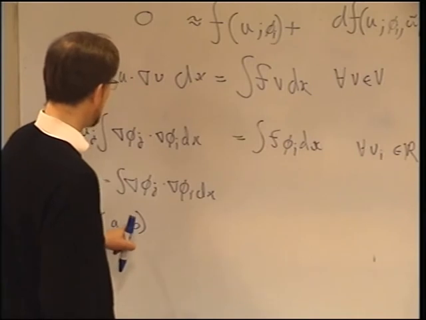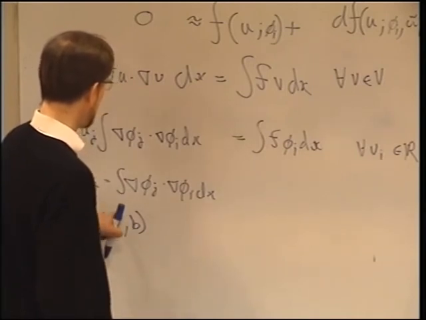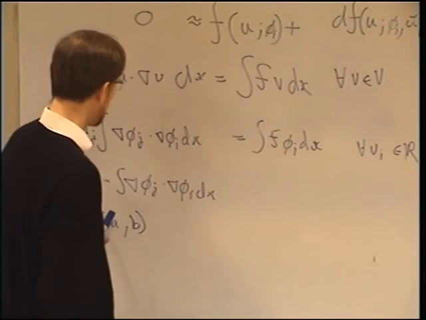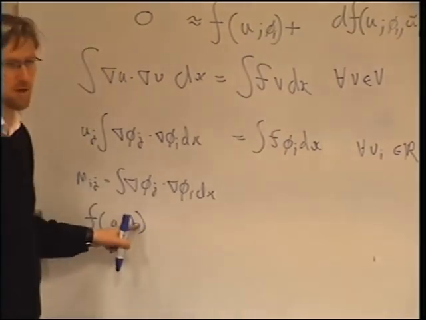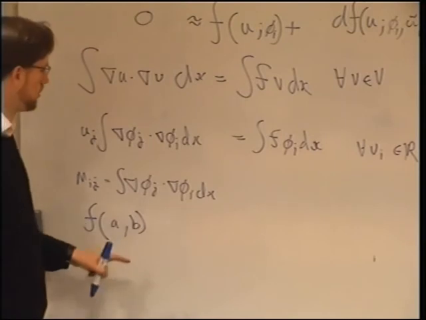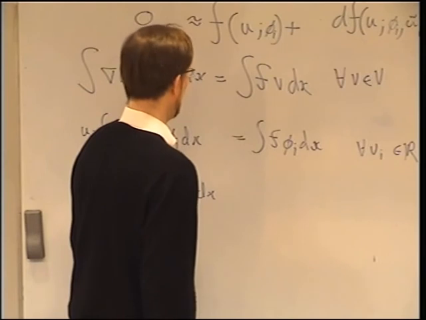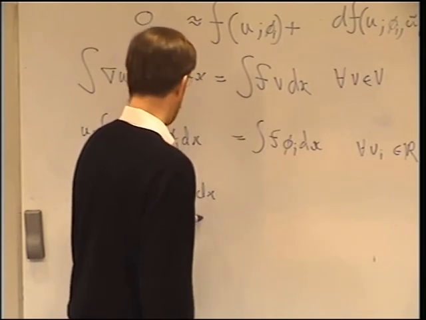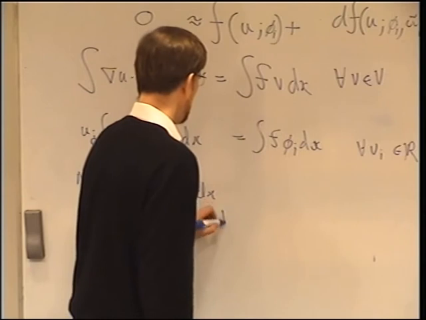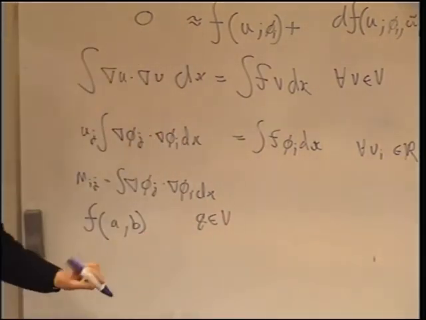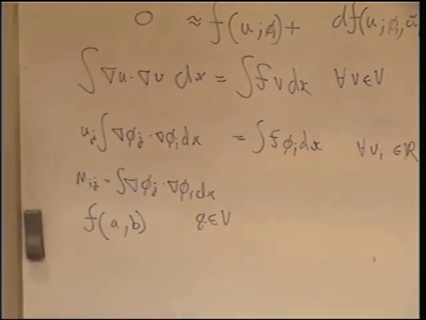instead of expanding it out, I want to replace the unknown argument B with a known function, which we might call f. We've used f, so what am I going to use? G. So G is in V. It's a known function, and I want to evaluate here. The operator that I use, and this is something that will be useful to you in understanding how some of the UFL stuff works, is action.